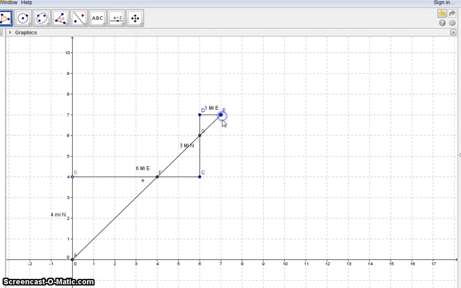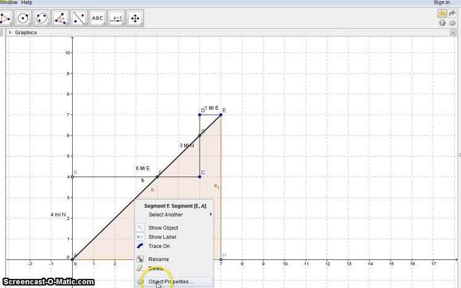Or we could create this right triangle and calculate the distance from A to E. I believe that GeoGebra will do that for us.